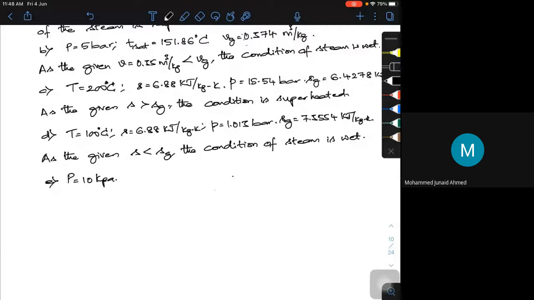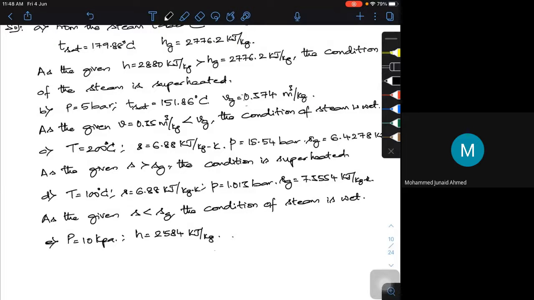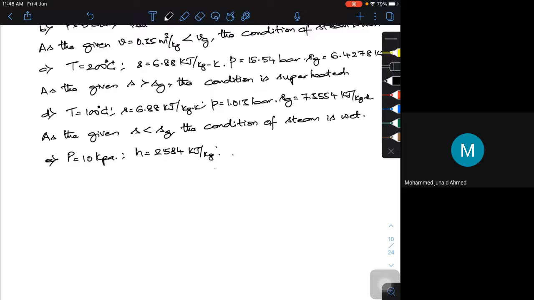Here I have given the enthalpy, which is 2584 kilojoules per kg. Now what you have to do here is go and find the corresponding saturation temperature. Everywhere I am asking you to find the saturation temperature and Hg.